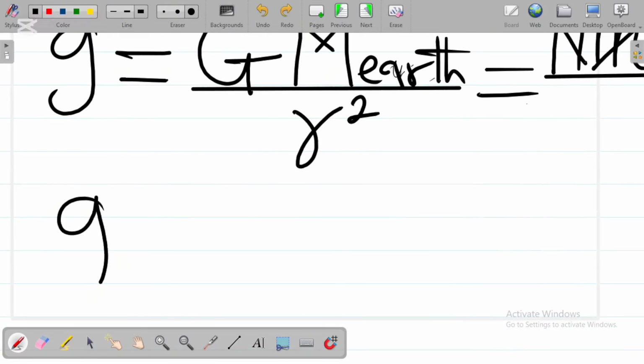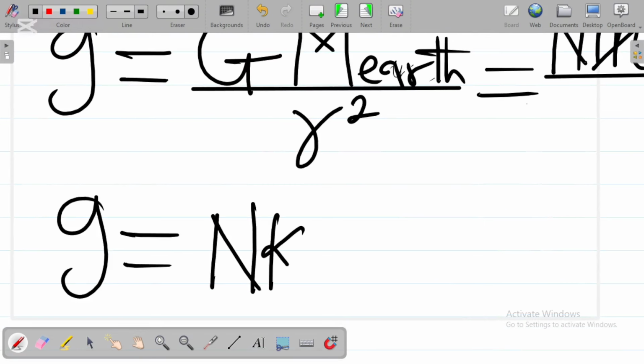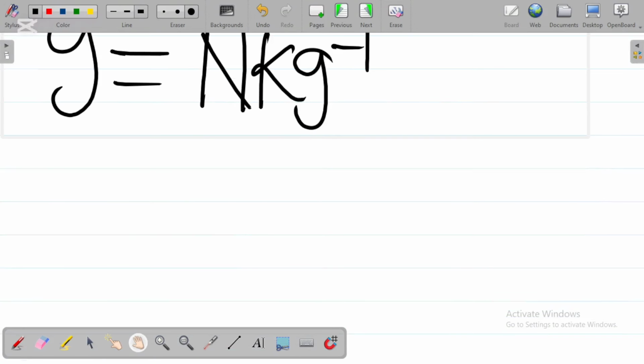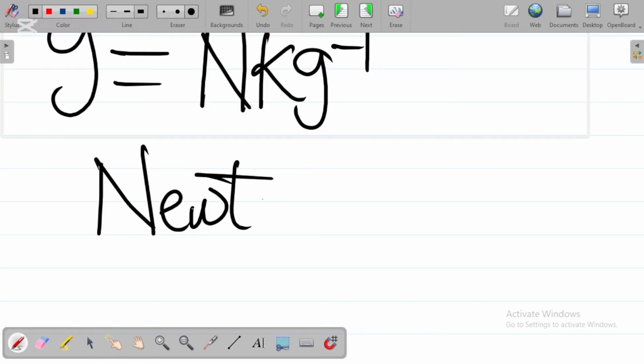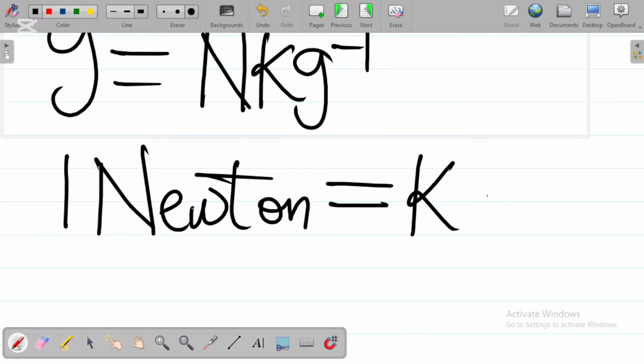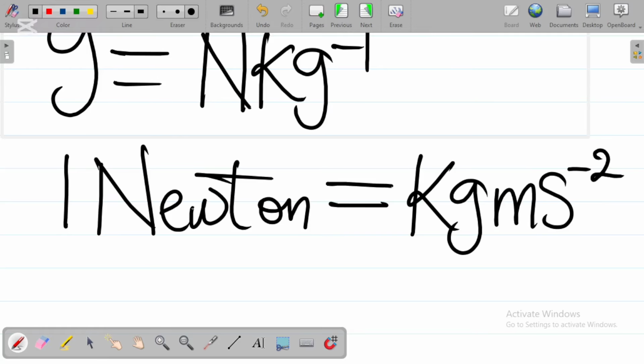So therefore G is equal to Newton per kg. Now, recall that one Newton is equal to kilogram meter per second square.